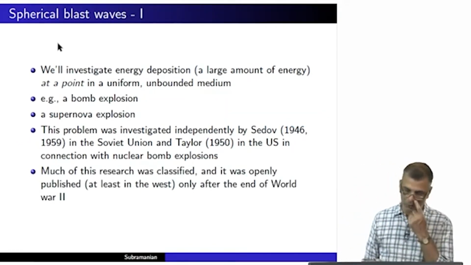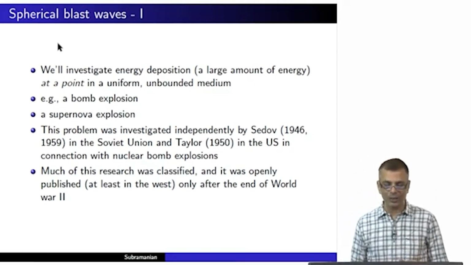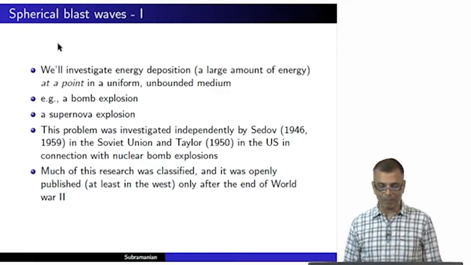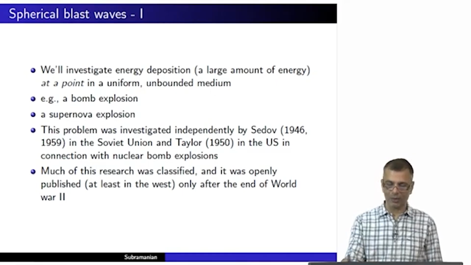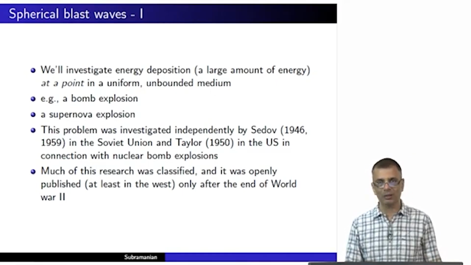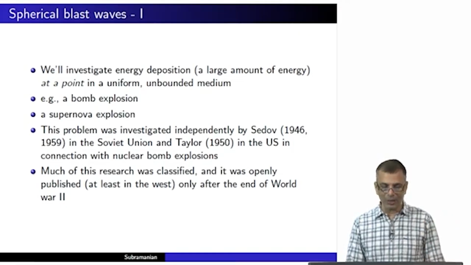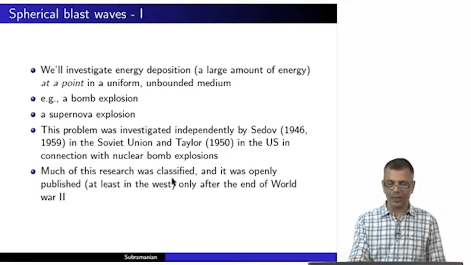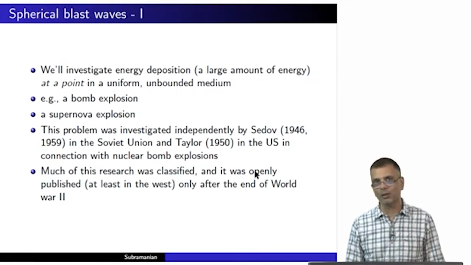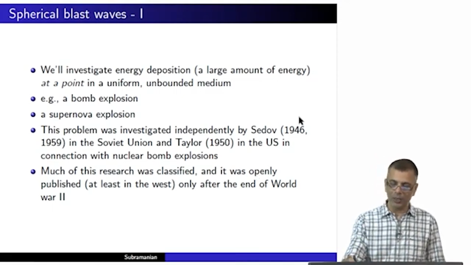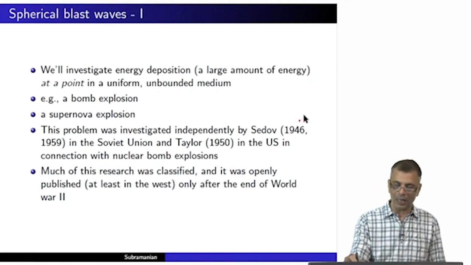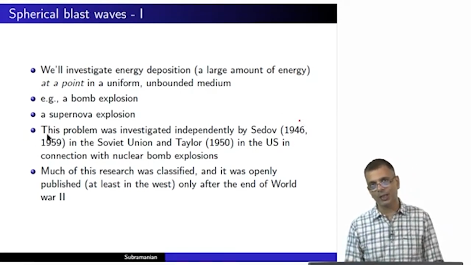And a little bit of history about this. As you can imagine, since research on nuclear weapons and everything was a big deal during those days, much of this research was classified, and so it was not published in the open literature, which explains this large gap between 1946 and 1959.